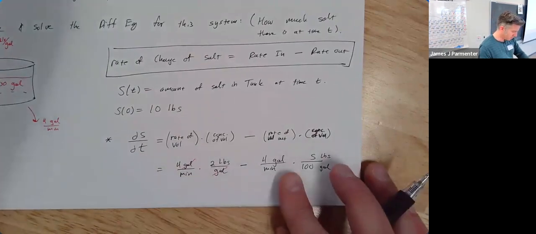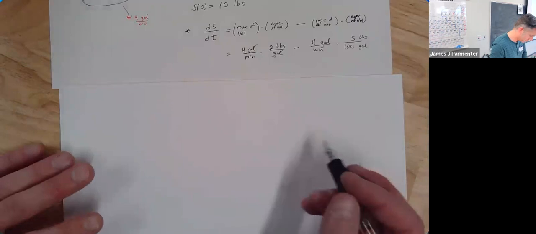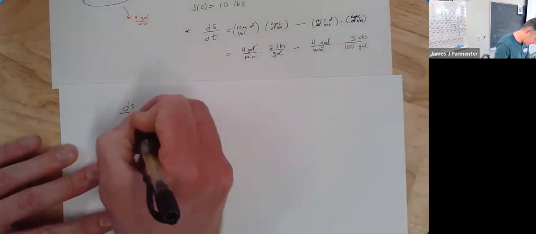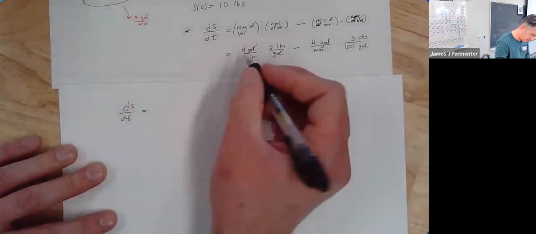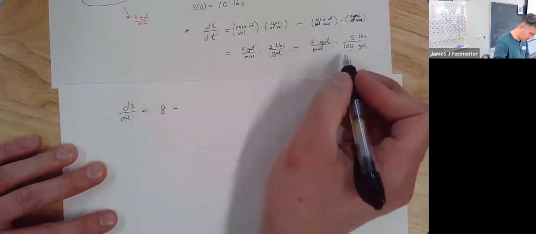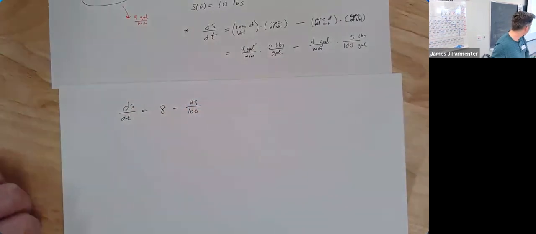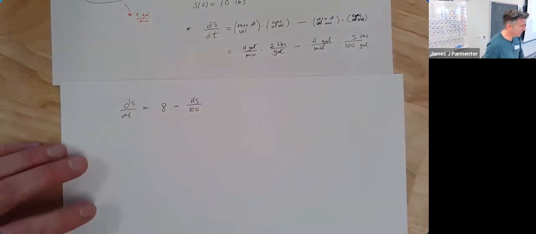So here's our differential equation. ds/dt equals 4 times 2, which is 8, minus 4s over 100. I would simplify this a little bit.